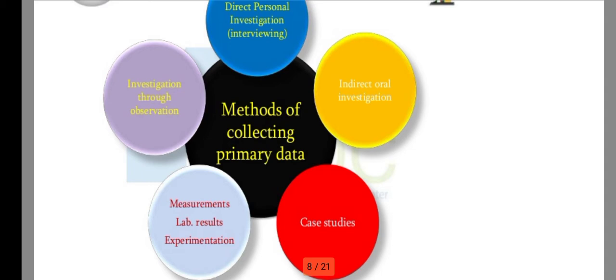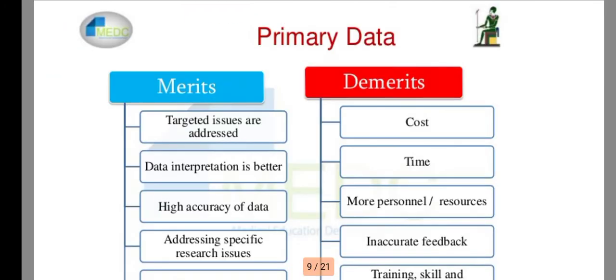And then you go for indirect or oral investigation. Then maybe you choose case studies, you conduct case studies and measurement, lab results and experimentation, and investigation through observation. So these are some of the methods of collecting primary data.